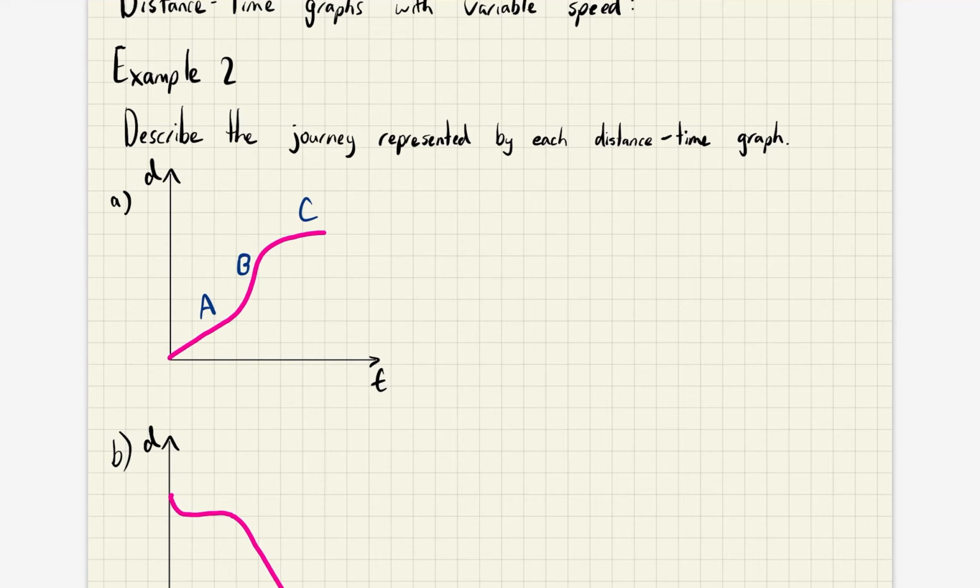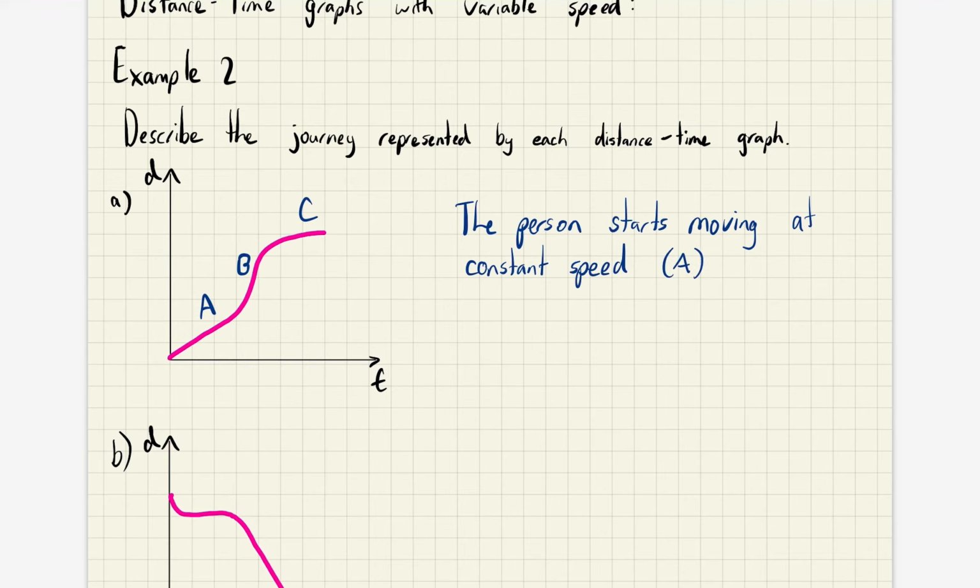There's a bit more going on, but I'm just going to use that so I can help describe what I'm talking about. So I can say the person, we're assuming it's a person here, but it could be a dog or who knows, the person starts moving at a constant speed. And I'm just going to write in brackets A.